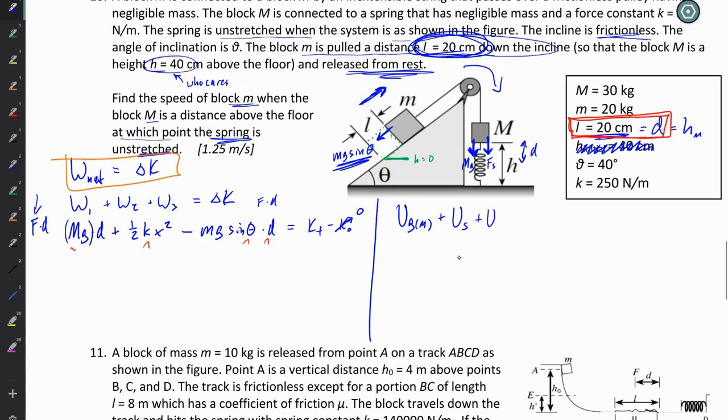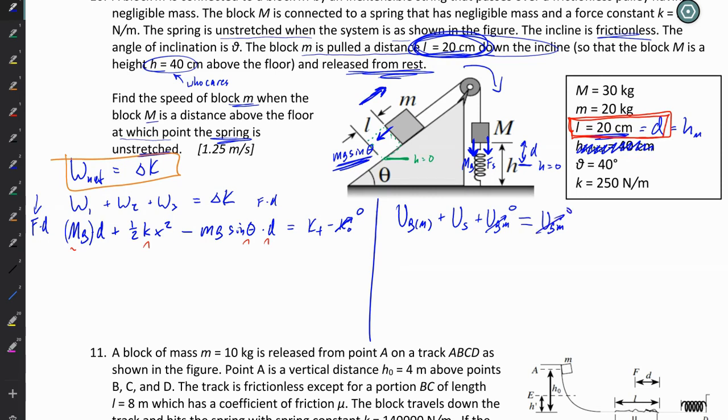So the potential energy of the little mass, we'll just call that 0, and nothing's moving, so there's no kinetic energy. And all of that is going to turn into, well, at the end, if we say that the height of the big mass is 0 when it falls, then we can say that the potential energy of the little mass later at the end, we can call that 0.